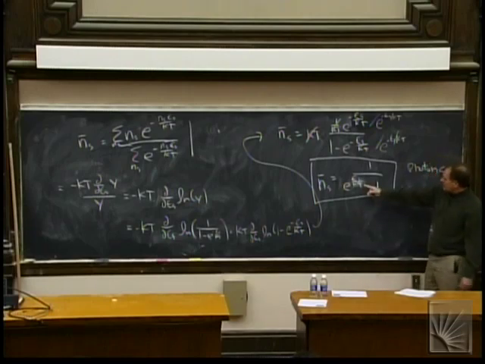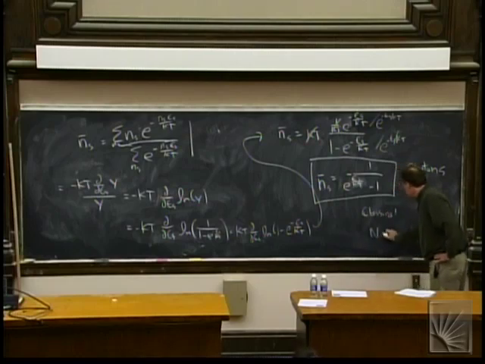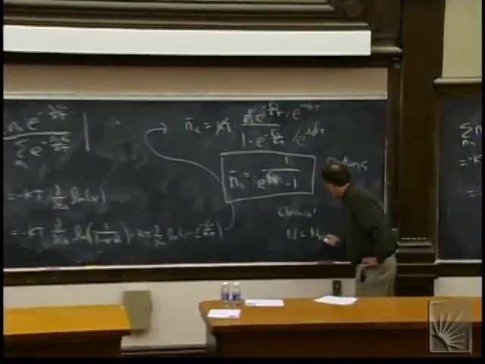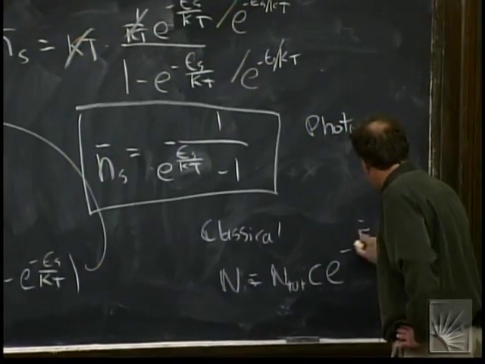And notice it's close to the Boltzmann distribution. The Boltzmann for the classical result was that n was just n total, a constant, e to the minus energy over kT.